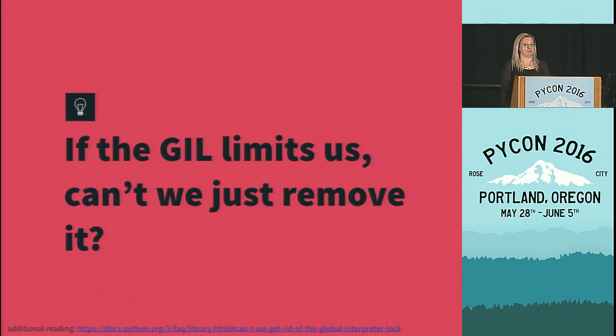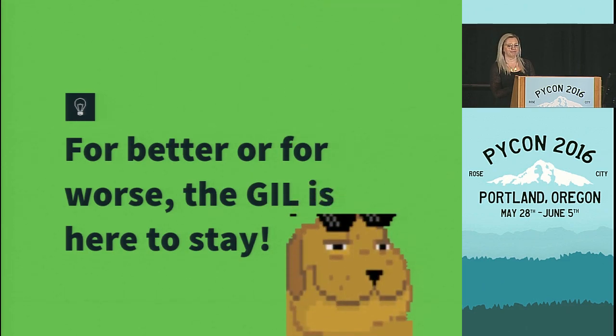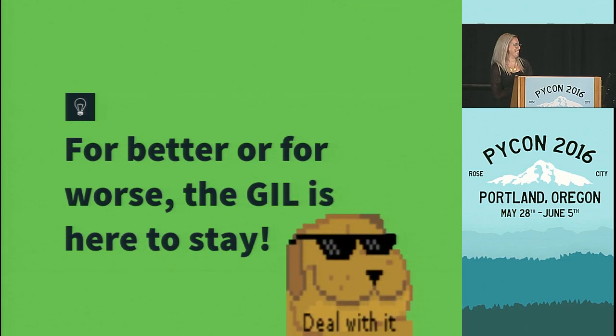Well, it also slowed down single-threaded applications by about 50%. So for better or worse, the GIL is here to stay. In the meantime, the Python codebase has become significantly more complex since that patch was introduced. Just be aware that not all Python implementations have a GIL, for example, Jython and IronPython. Sorry, you guys, deal with it.